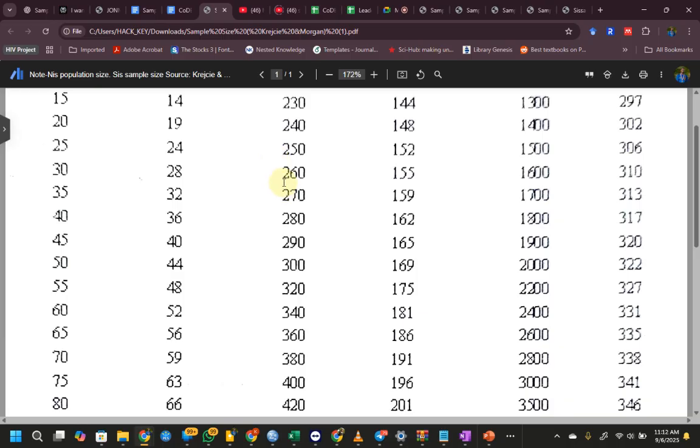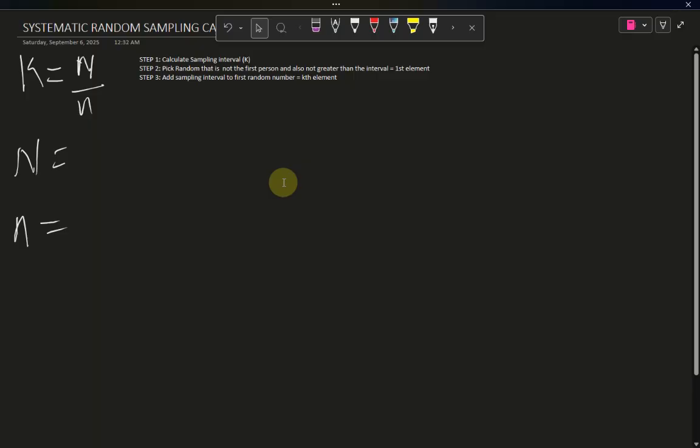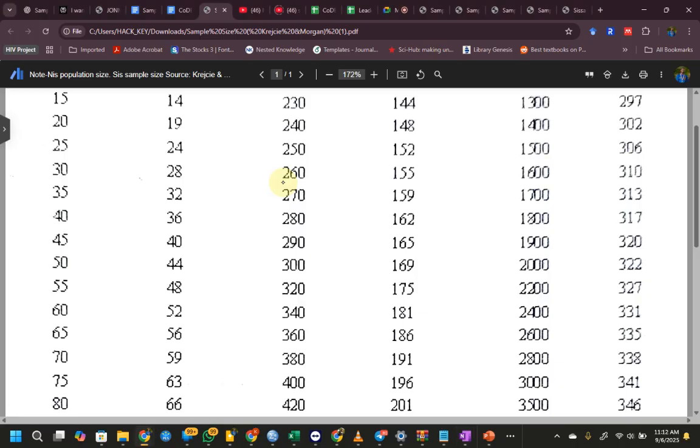So 66 is between 65 and 70, so we have to move to the 70 row, which is 59.